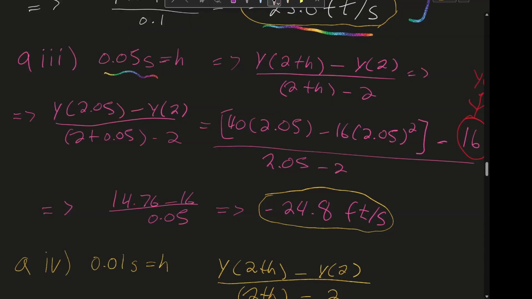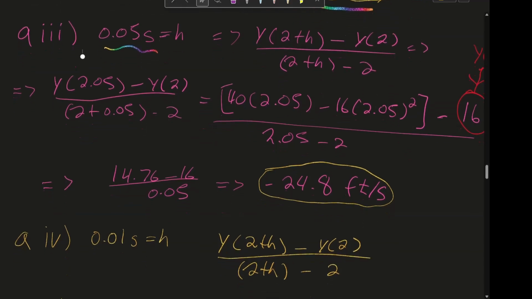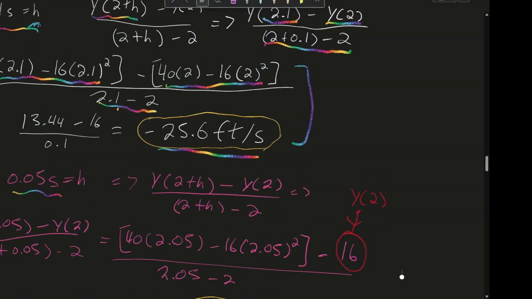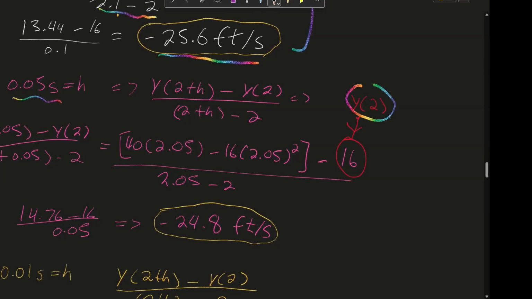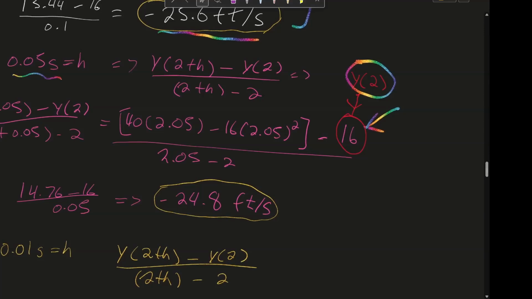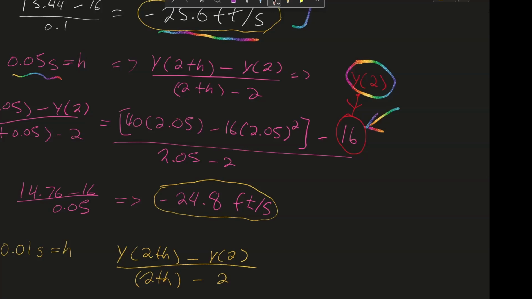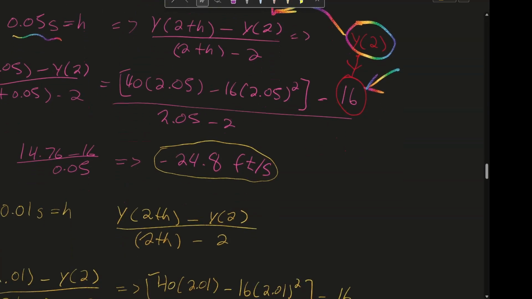Now, part 3 is starting at 2, lasting 0.05 seconds. Same method. Since we already worked out that y of 2 is equal to 16, I started just substituting in 16 for the function at 2 seconds.